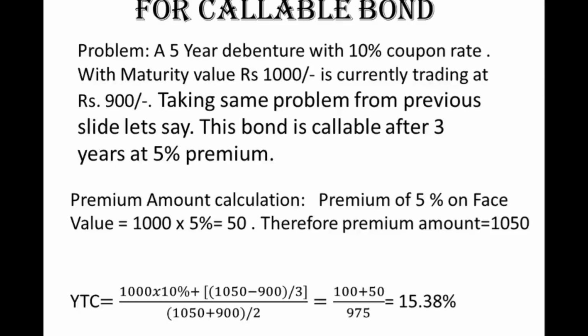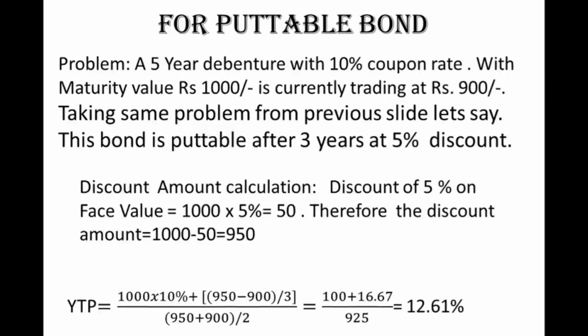That's the reason why, to compensate the investor, they were giving him a premium. But in case of putable, the investor is deciding to end the relation, and that's the reason why the redemption will happen at a discount.